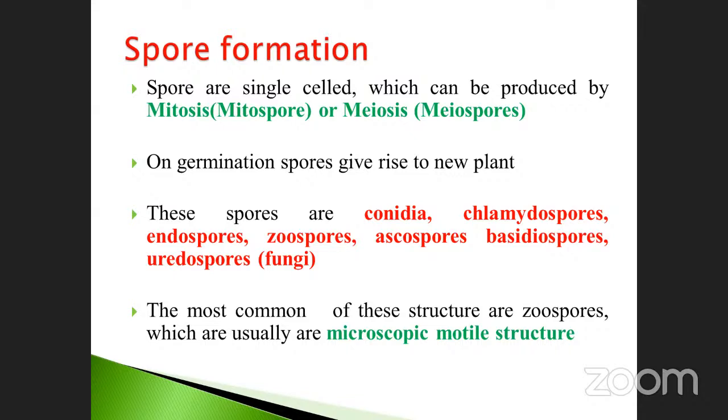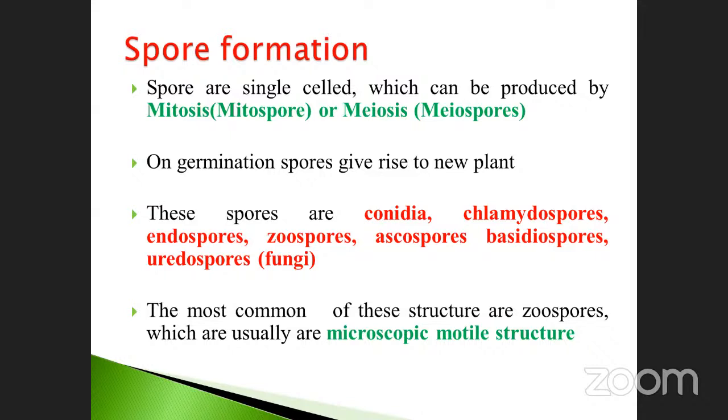Particularly the zoospores can migrate from one place to another. They are microscopic in nature, so they can move from one place to another. They can easily join with another bond, produce there, undergo the germination process, and give rise to new plants. That means this is normally formed.